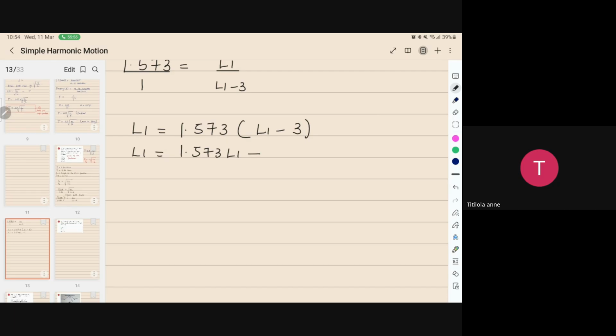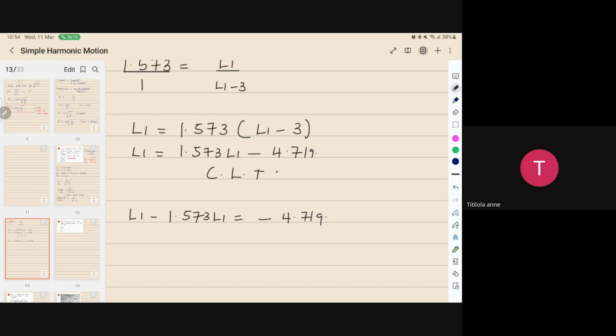If I multiply 3 times 1.573, you should have 4.719. Then you collect like terms. You should have L1 minus 1.573 L1 is equal to negative 4.719.